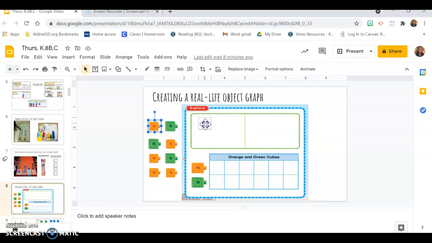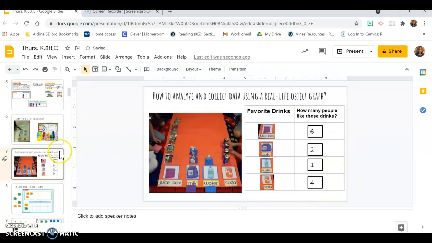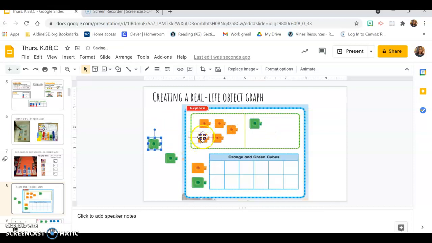I'm going to put my orange here. Then I'm going to put my green over here. Now I'm going to graph my objects. I'm going to put orange here and green here.